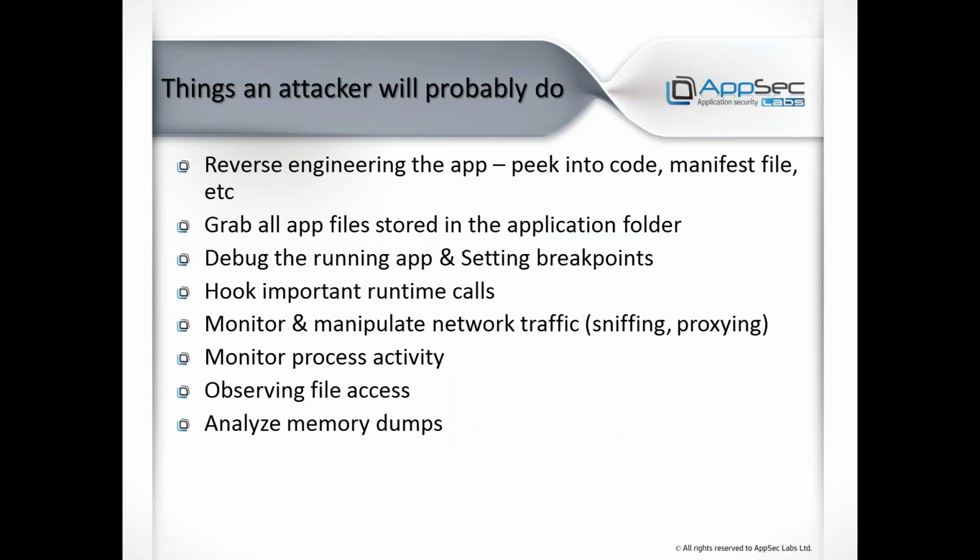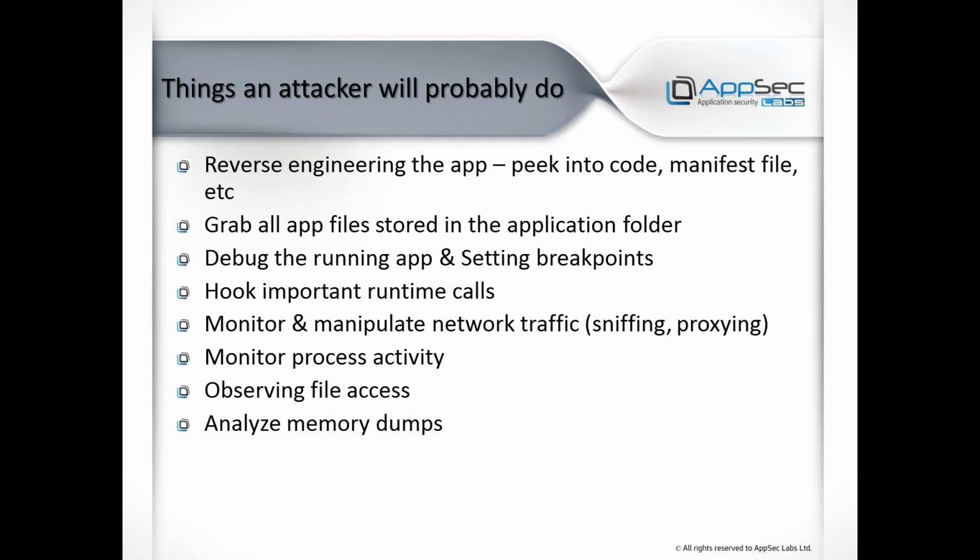Just before we start, let me mention that unlike web apps, in which all you have to do is usually intercept the communication going to the server side, pen testing mobile apps is more complicated. You will need to reverse engineer the app, you will need to decompile code, you will need to connect directly with the device. You will need, for example, to debug a running app and to hook some important function calls and so on.